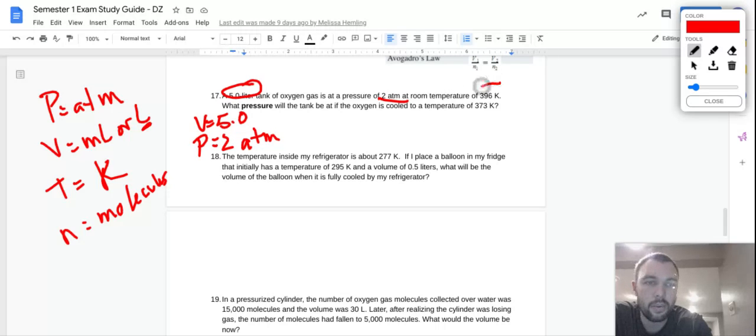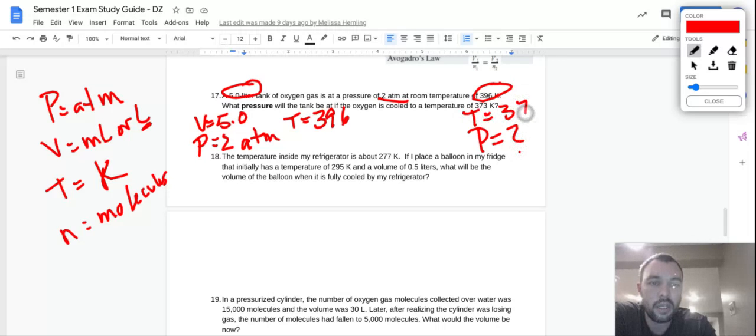And a room temperature, so now we've got a temperature here too: 396. What will the pressure be if the oxygen is cooled to a temperature of 373?